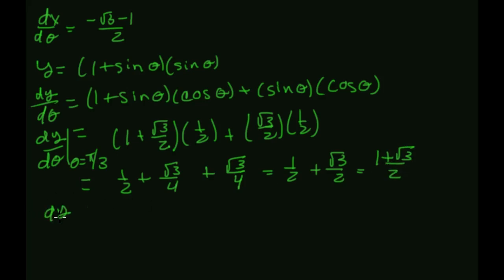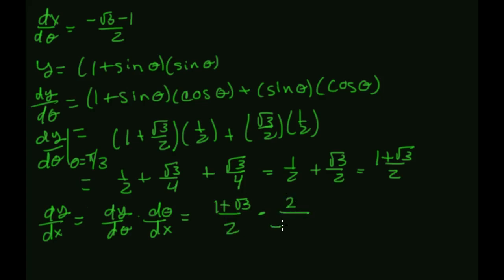But dy/dx should be dy/d theta times d theta/dx, which should be 1 plus root 3 over 2 times 2 over negative root 3 minus 1. Those cancel. This is 1 plus root 3 over negative 1 times 1 plus root 3, which is just negative 1.